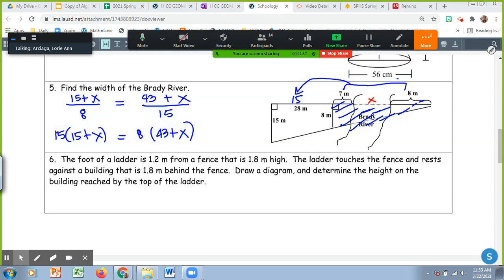James got 17. Other answers? Mishka got the same one. Ismael got the same one.